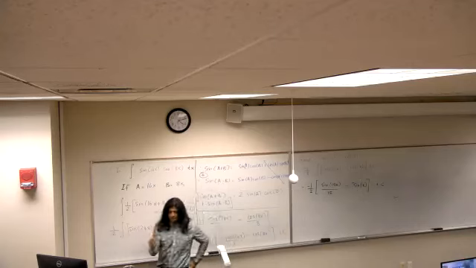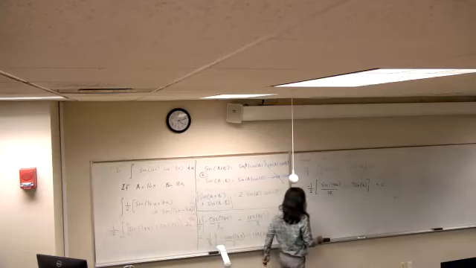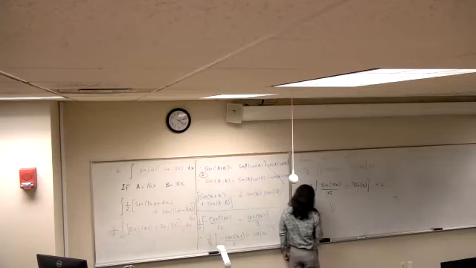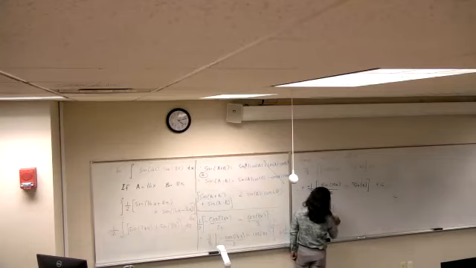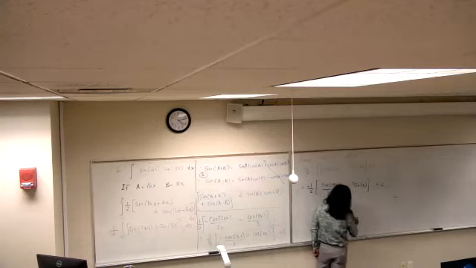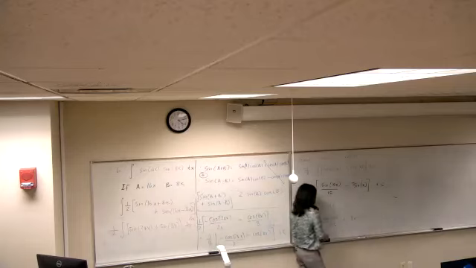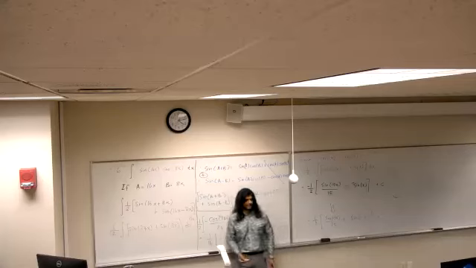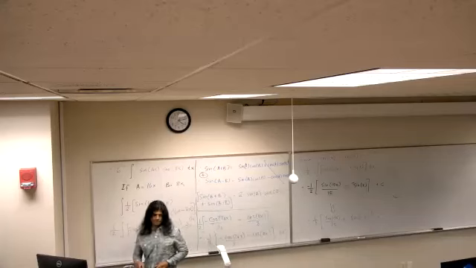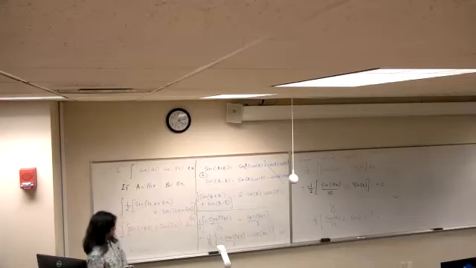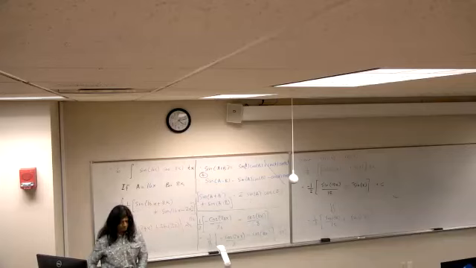If you had kept it as negative x, the answer would have been this: negative 1/2 sine 15x over 15 plus sine negative x. So they have a different sign. Good. So possibility. Good. Okay.